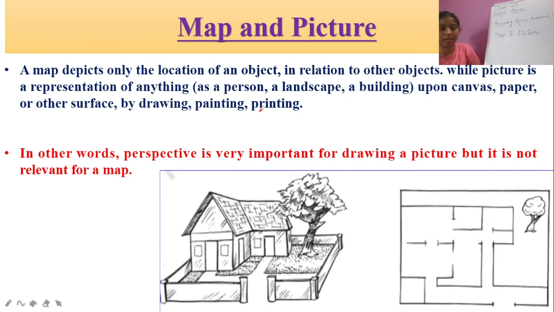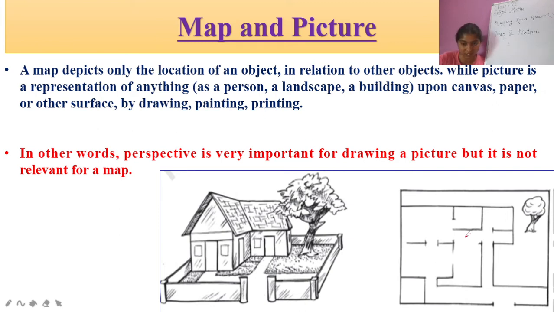Yes, a map represents only the location of an object in relation to another object, while a picture is the representation of anything, such as a person, a landscape, or a building, on canvas, paper or another surface by drawing, painting and printing. So that way you come to know the difference between a map and a picture. A map is always about the direction and location of an object in relation to another object.